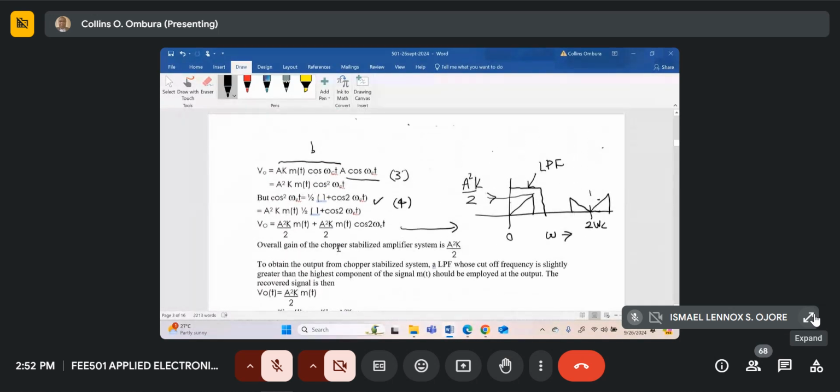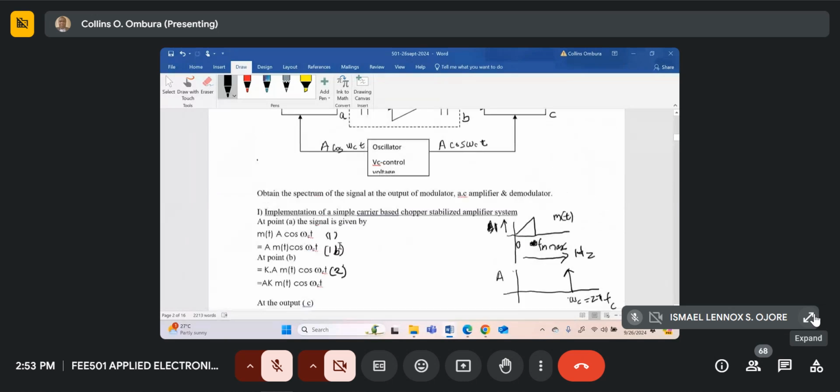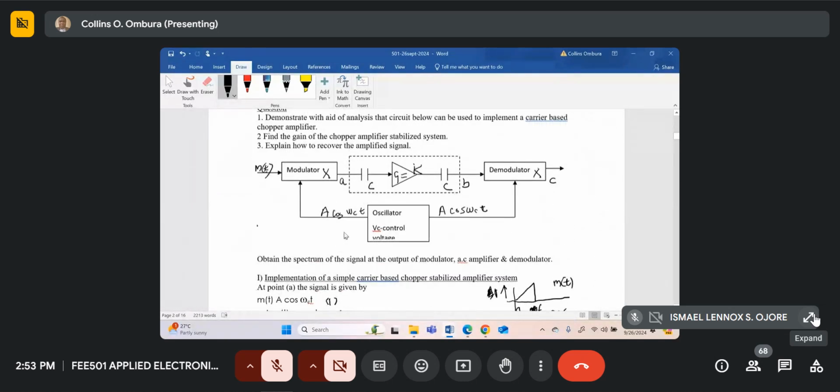Basically, all we are saying here is that the modulator we are using, and also the demodulator, should not themselves add drift voltages.